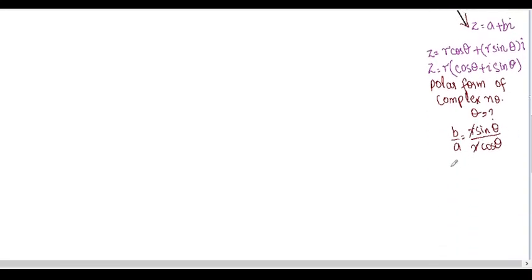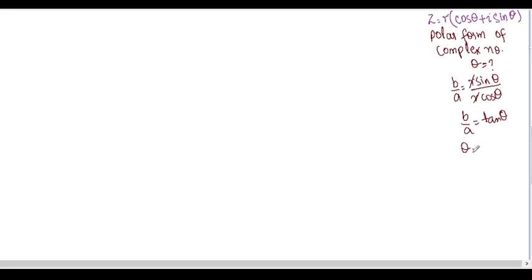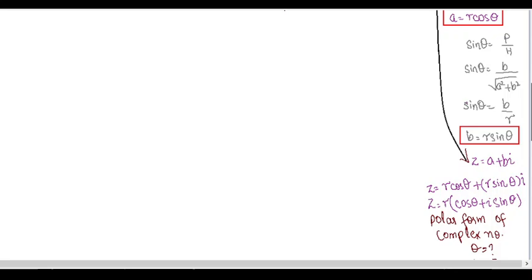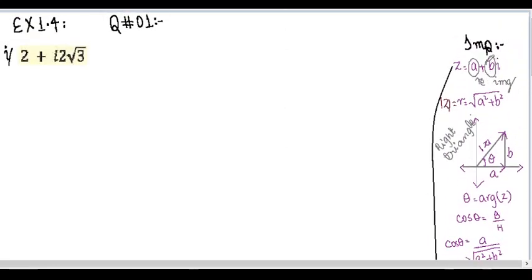Now R and R cancel and it becomes B by A. Sin theta by cos theta gives us tan theta, and by shifting tan over here we get theta equals tan inverse B by A. Now we know that B is the imaginary part and A is the real part. Now we are going to move towards part number 1, which says 2 plus iota 2 square root of 3. First of all we are going to let it equal Z.